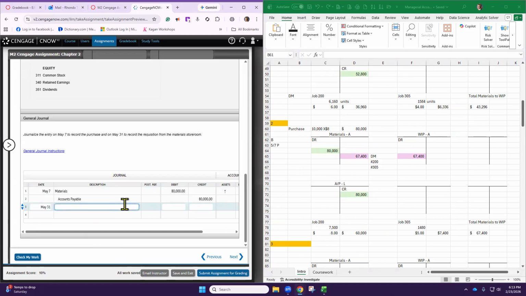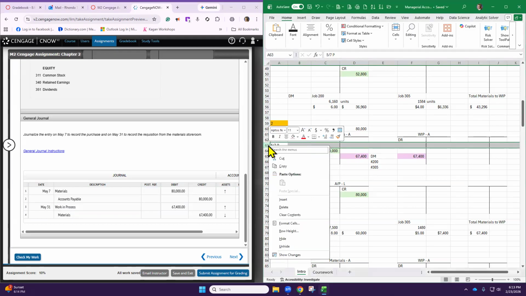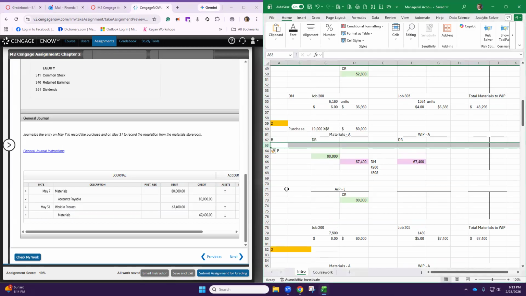And so the entry is going to be a debit to work in process and a credit to materials. And then we would be able to figure out what the balances are in these if we needed to.